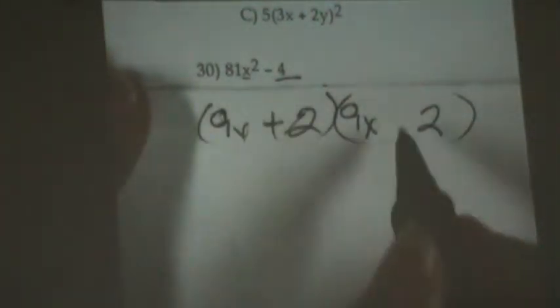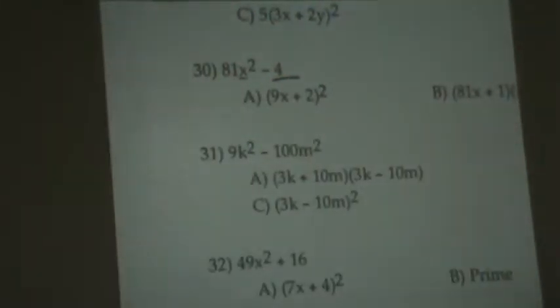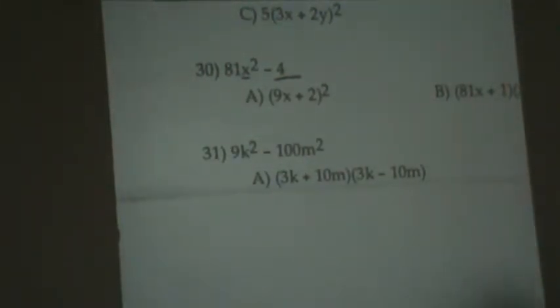Okay, is 30 a difference of squares? Yes. 81 is 9 times 9, so we have 9x times 9x. 4 is 2 times 2. You need your plus and minus. 31, is that a difference of squares?